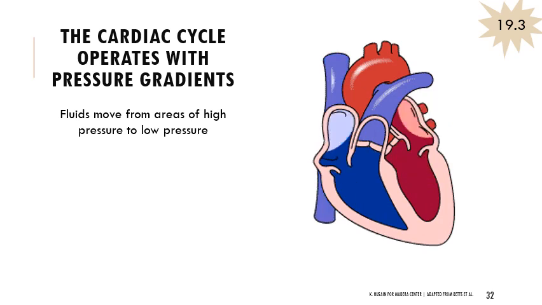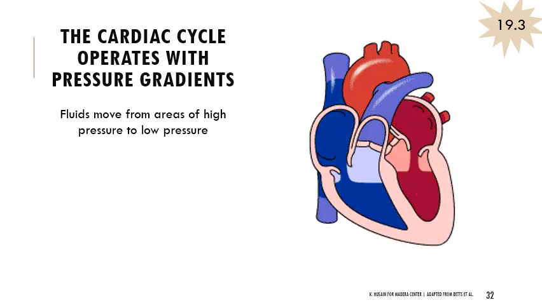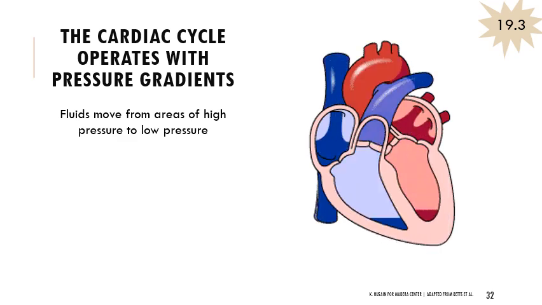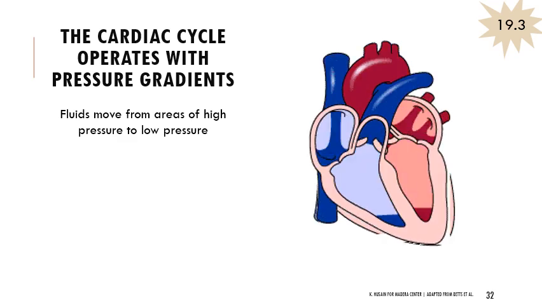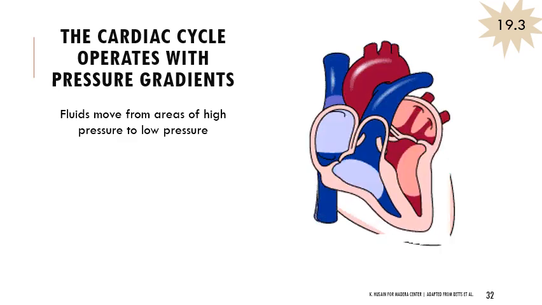You can think about when you turn on a hose and you put your thumb over the opening of the hose, you create this very high pressure area, and so the water is going to spurt out and go from where it's under a lot of pressure to where there's less pressure. Something similar is going to happen in the heart.